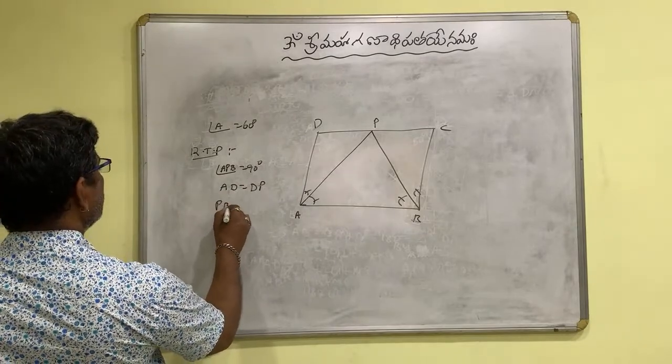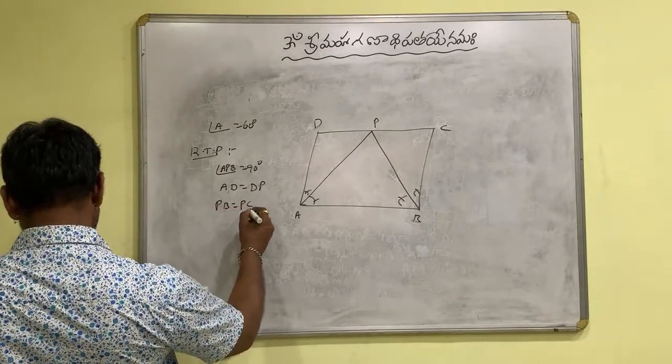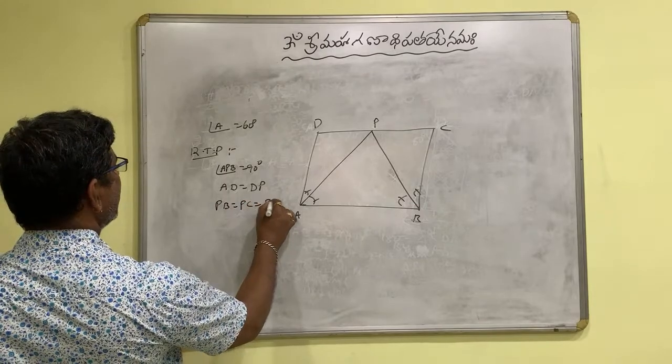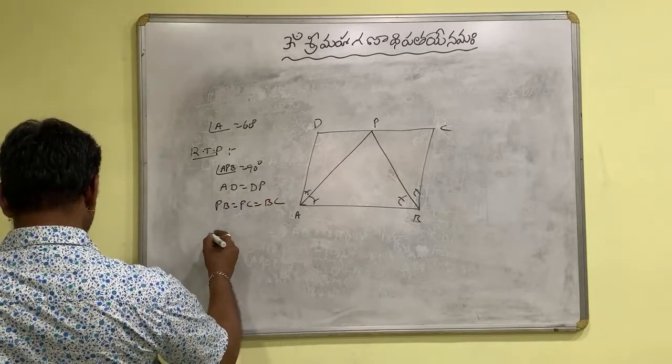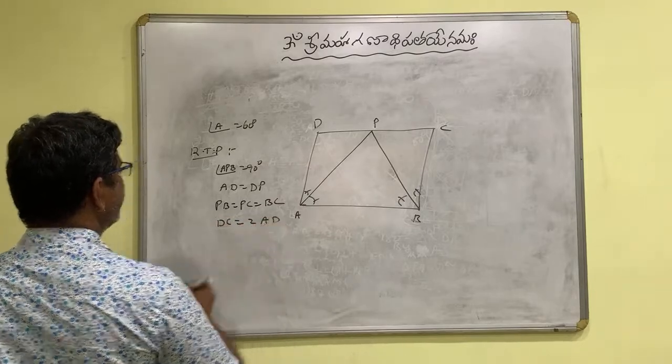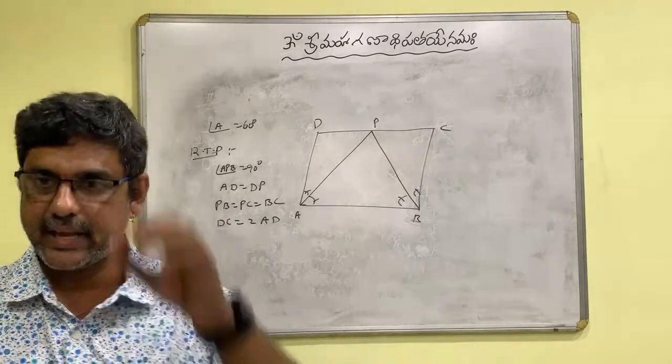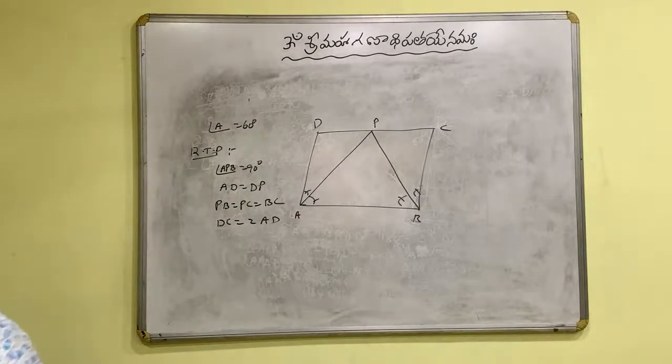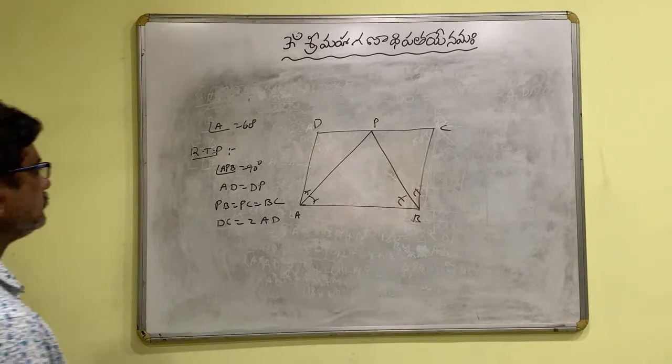Third one, PB, PC, BC are equal. And fourth one, DC is equal to 2AD. So these four we need to prove.